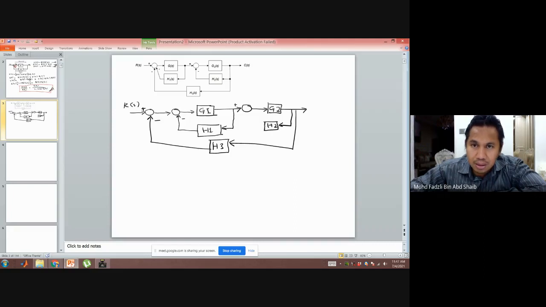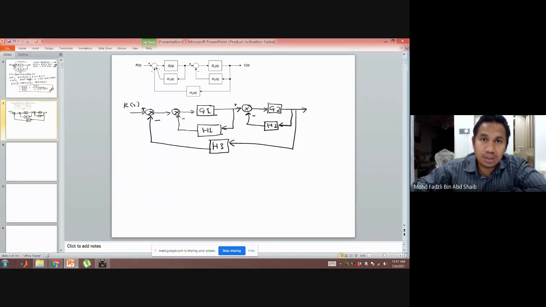Please copy, okay? Not just see. What's the difference between the above and the below one? I split it. This one we have G1, G2. Okay, this one is one.